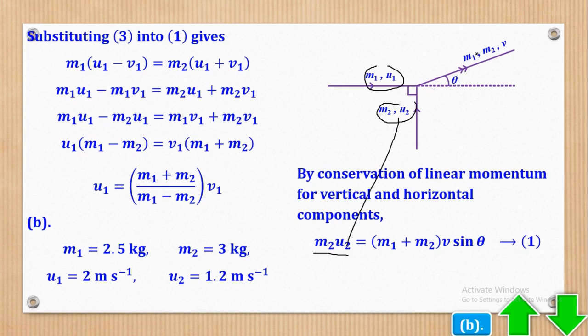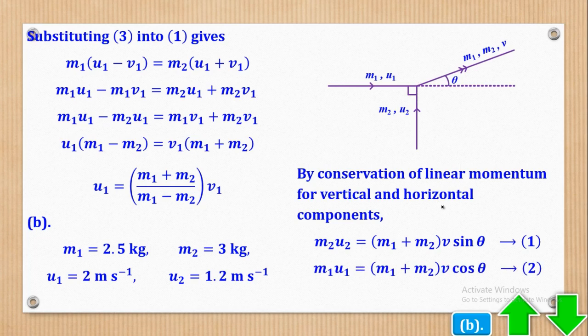Then after collision, you resolve this one vertically, because the angle is lying on the horizontal, it implies that the horizontal will have cos and the vertical will have sine. Therefore that is why you see here M1 plus M2, which is the resultant mass, multiplied by V sine theta, which is the component of velocity along the vertical.